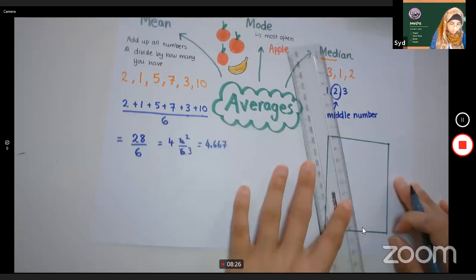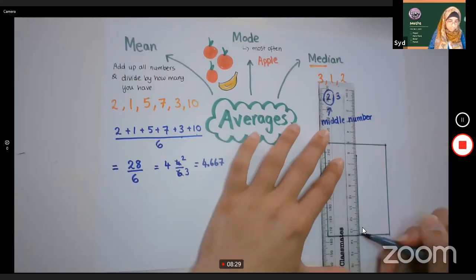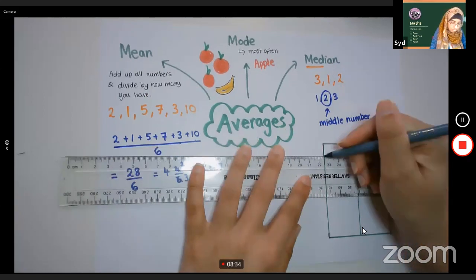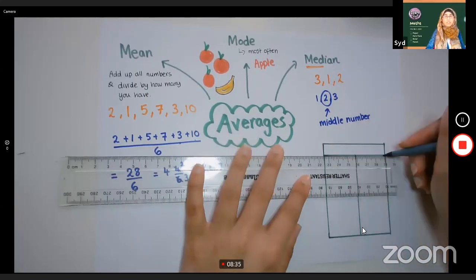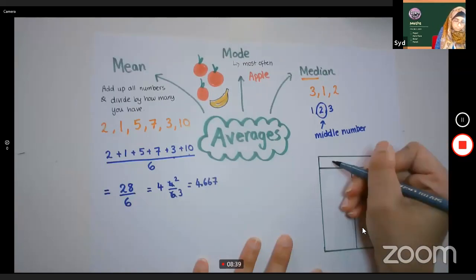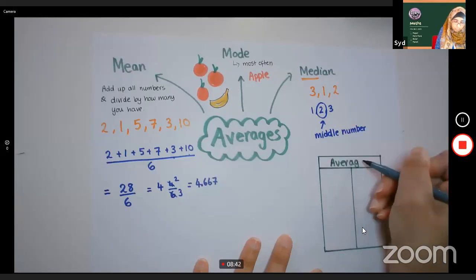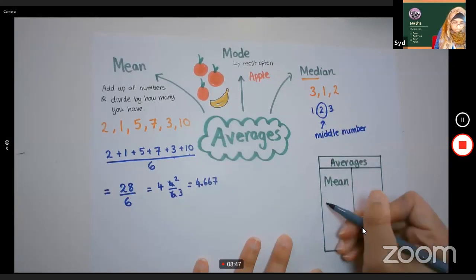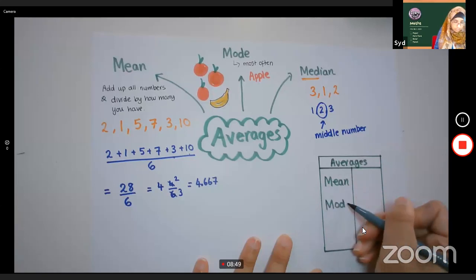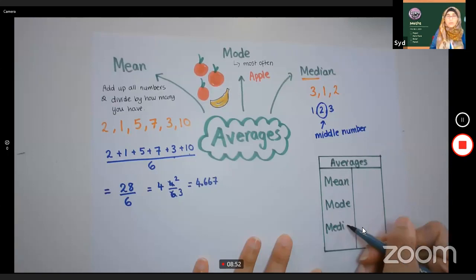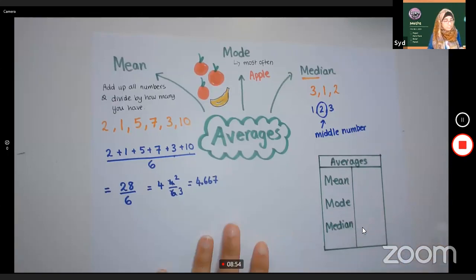So first one is going to be mean. We're going to add all the numbers up together, and then divide by how many we've got. So we're going to write averages: mean, mode, median. And we're going to find out what the averages are for the same numbers.